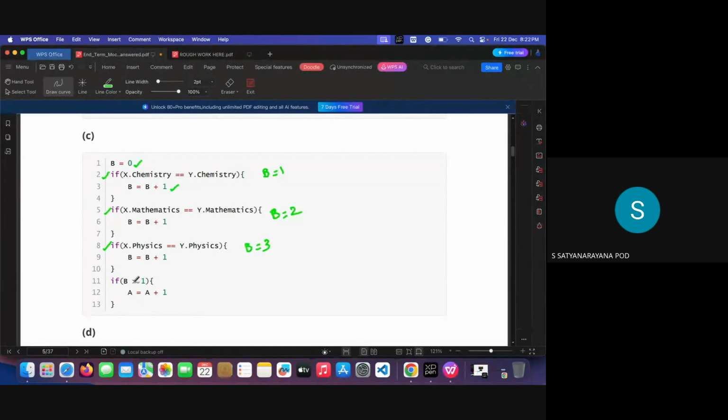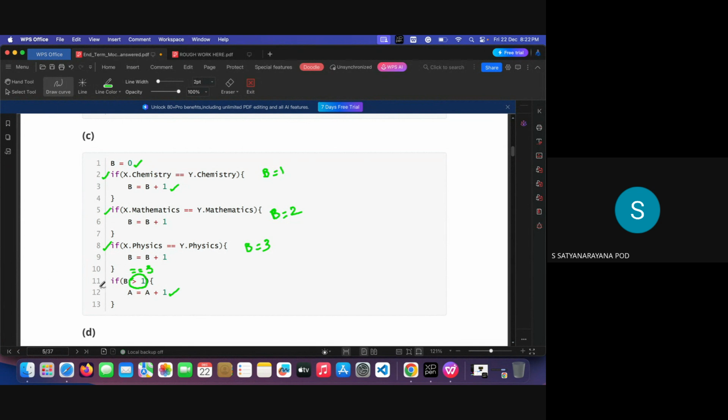No issue about this one, perfect. But the condition here, they did something wrong. What is that wrong? Whenever 3 subjects are equal, the B will become a fixed value, that is 3. So what they are supposed to check, instead of this one, is if B is equal to exactly 3, then you can increase the A value.